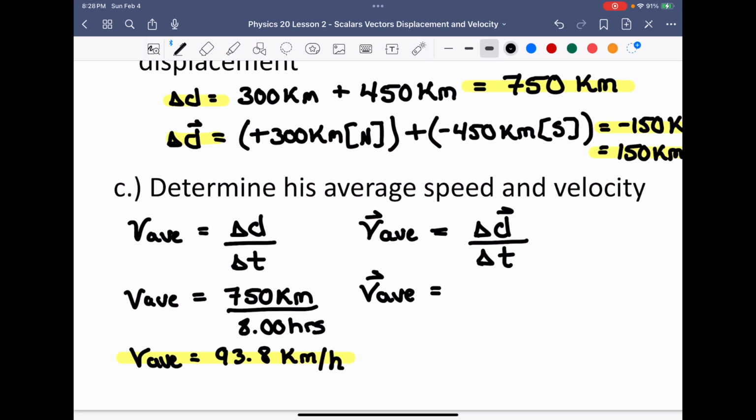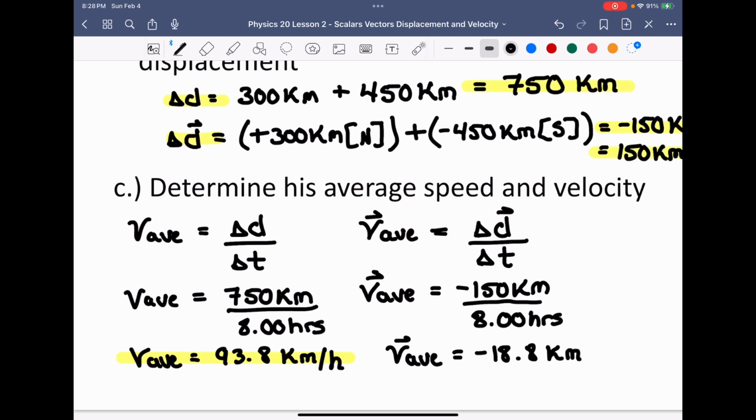You could put in 150 kilometers south or the negative 150 kilometers divided by the 8 hours the trip took. We get the following. Velocity average is equal to negative 18.8 kilometers per hour. There we go. So we're going to highlight this piece here.